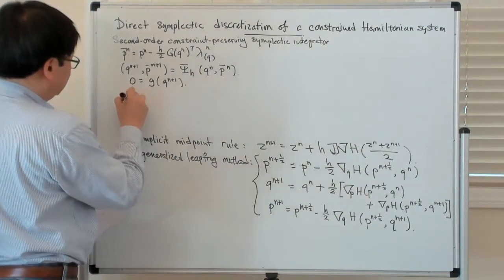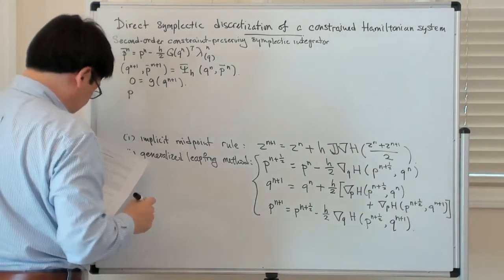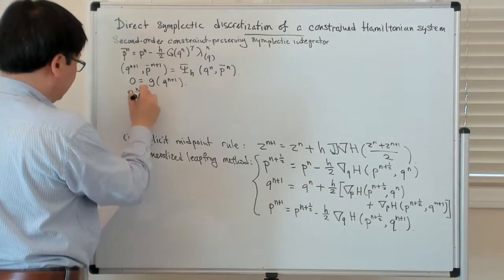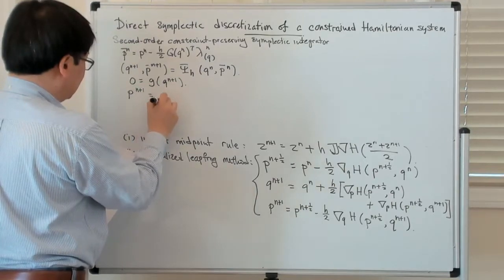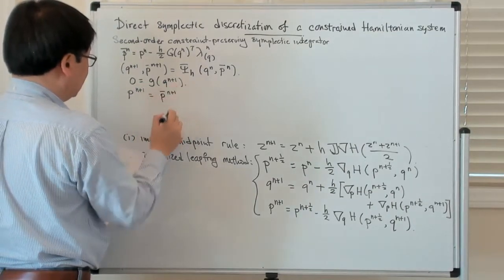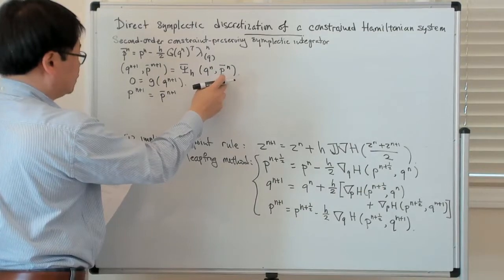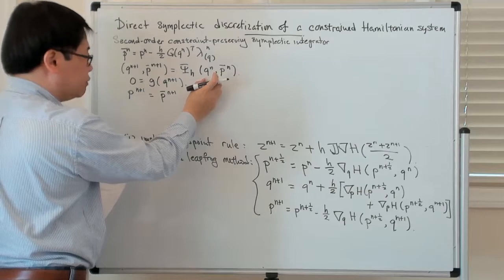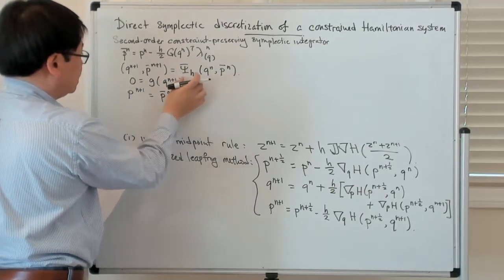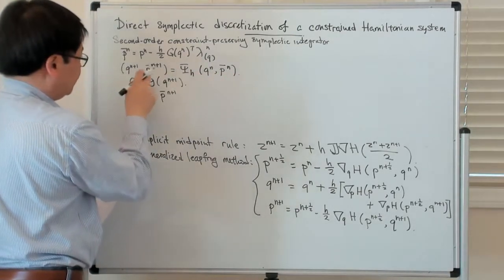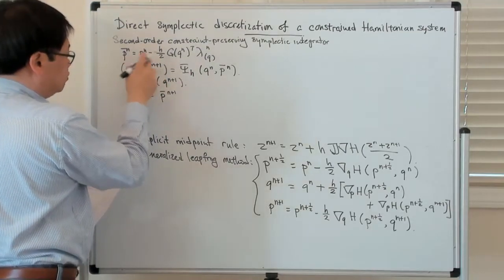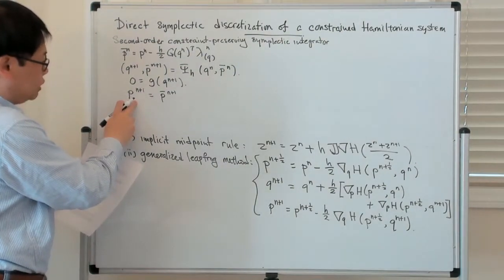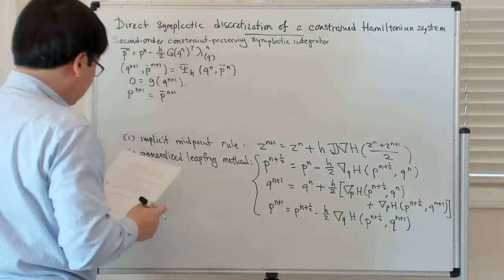So in a way analogous to this, Pn plus 1 comes from P bar n plus 1. P bar n plus 1 is what you have gotten when you take this tweaked momentum, take one step of the unconstrained one-step method, and get the predictor of the momentum at the new time. But then you're going to correct that momentum at the new time so that again it satisfies the right constraints.